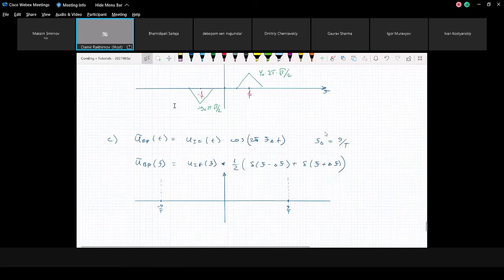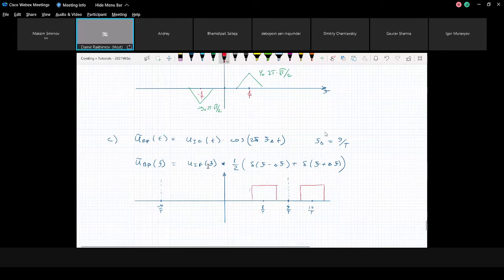I can write that the center of one rectangle will be at 10/T, and the center of the other rectangle will be at 8/T. I have to show the rectangular functions. First rectangle, then the second rectangle.